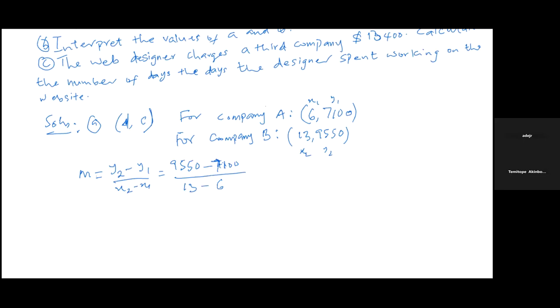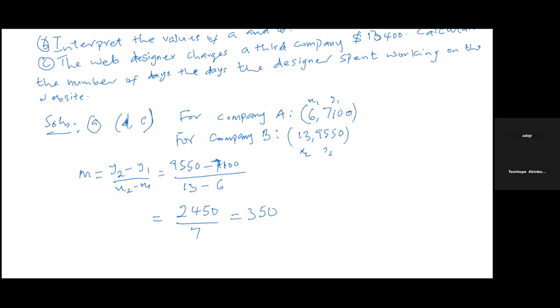Do you have your calculator with you? 9550 minus 7100 is 2450. 13 minus 6 is 7. 2450 divided by 7 gives 350. So the slope, which is the same thing as the rate, is 350.